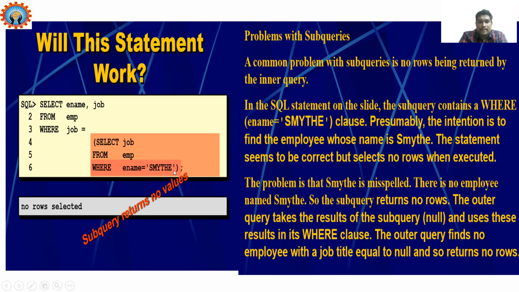Whenever the result is compared with this one, there is no matching data. Even though the execution is correct, there is no particular data, so no rows are selected.